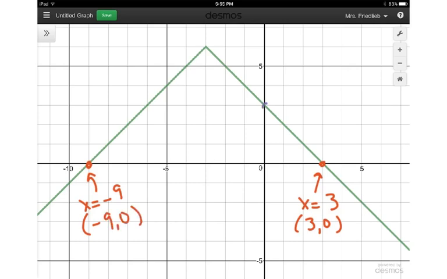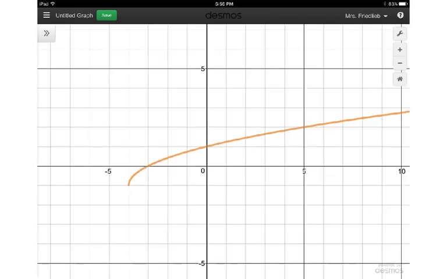The y-intercept is here at y equals 3, which is the ordered pair 0, 3. In this one, the x-intercept is here at x equals -3, or -3, 0. And the y-intercept is here at y equals 1, or 0, 1.